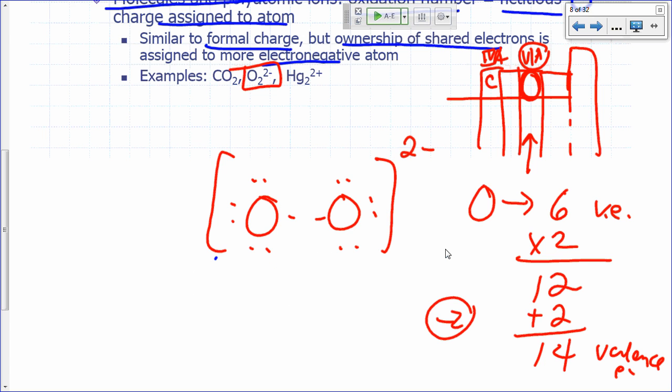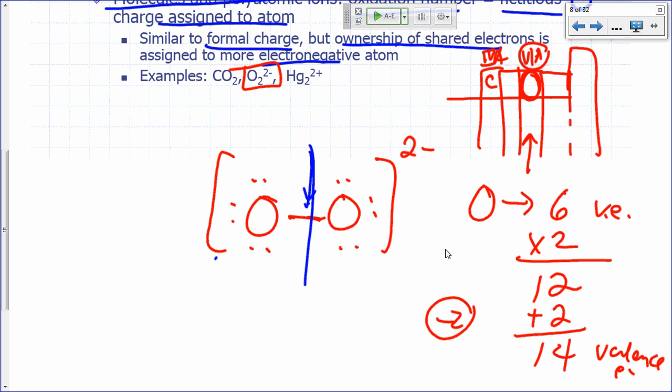So based on this Lewis structure, what is the oxidation number of oxygen? Well, which one's more electronegative, oxygen or oxygen? Neither one, right? So we cannot assign ownership of these 2 electrons in between to either one. They have to be split 50-50.